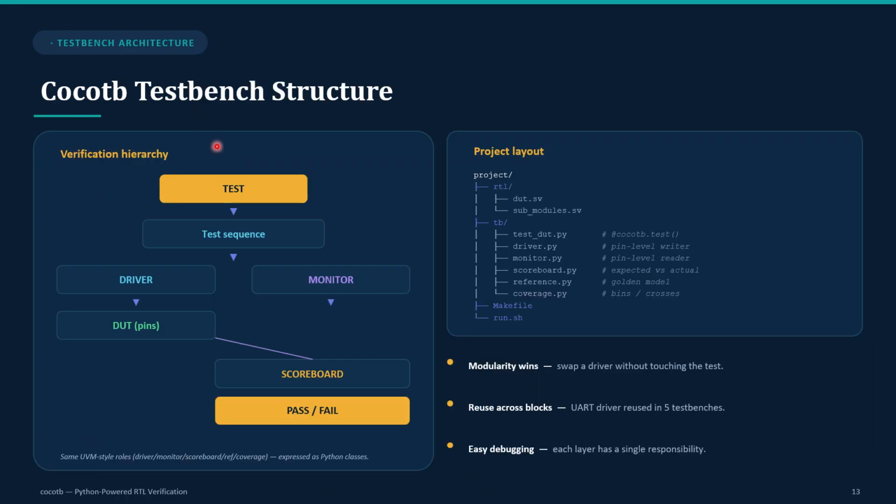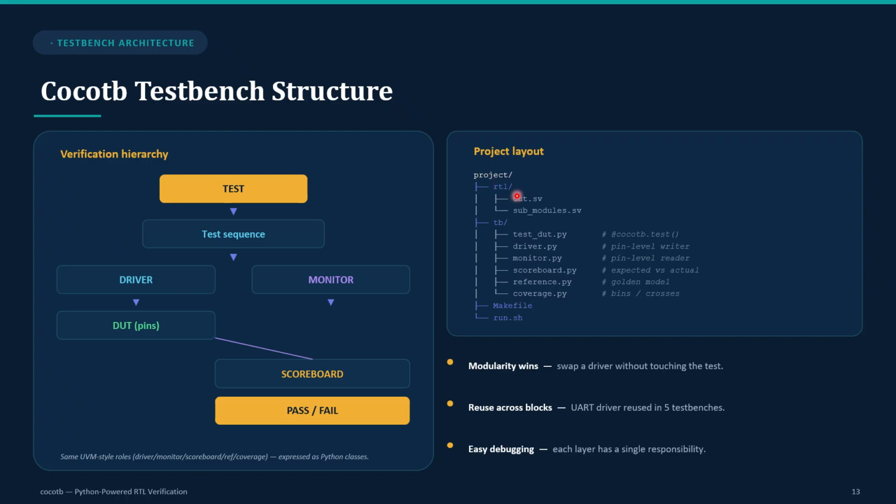This is the Cocotb testbench structure. There is a test which drives the test sequence, and the driver just pushes those sequences to the DUT using the interface. The monitor observes the DUT signals, and finally the scoreboard compares expected and actual values and produces pass and fail.